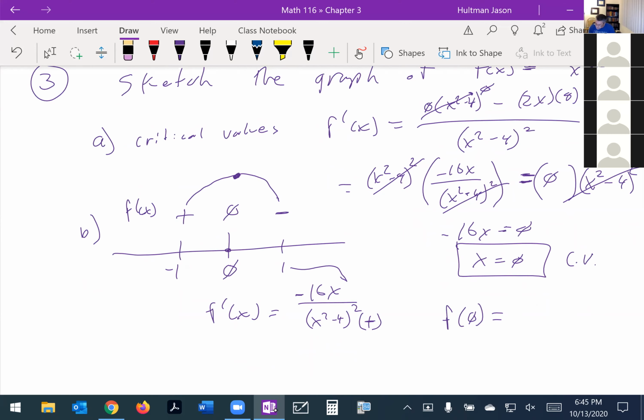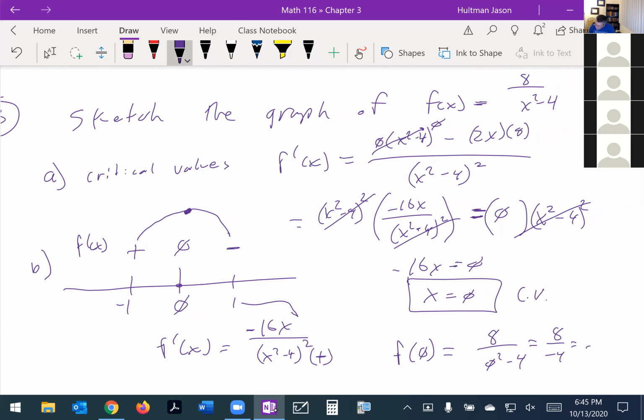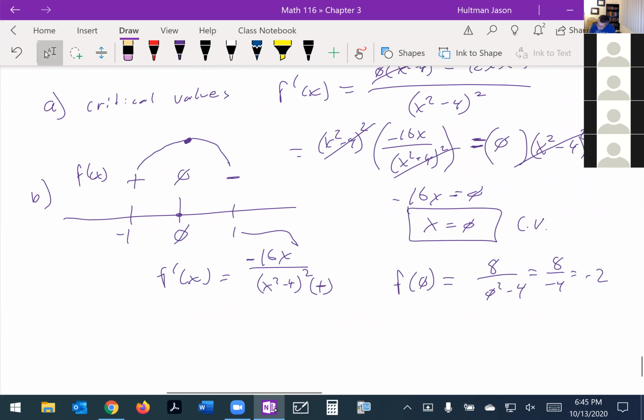No, that's the derivative. I want the original function. I get 8 over 0 squared minus 4, which is 8 over -4, which is -2. So at (0, -2) is my max, which is also my y-intercept. So my y-intercept is my maximum. That's kind of cool.